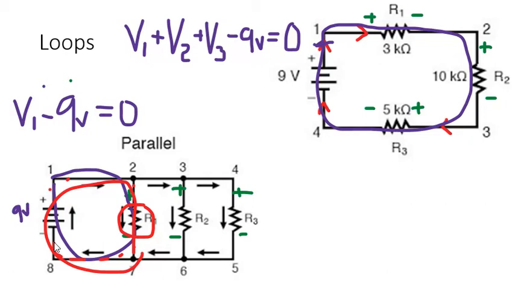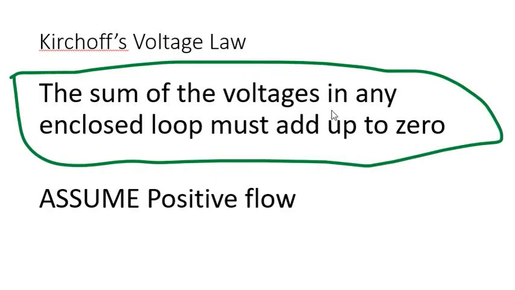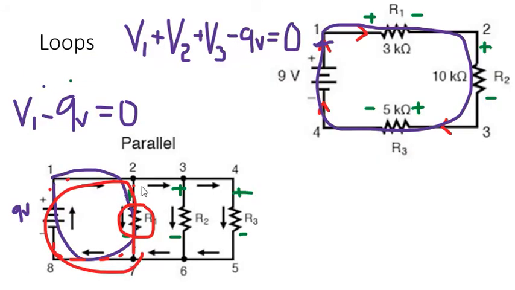Now, the other thing it says, in any enclosed loop, so it doesn't matter what loop I want to make, I can draw another loop, and I'll pick a different color here. I know I put a ton of colors on this already. Let's do light blue. That should work. What if I did this loop right here?